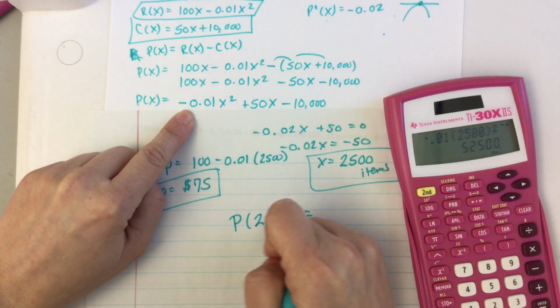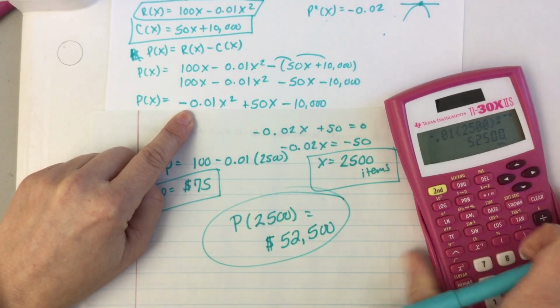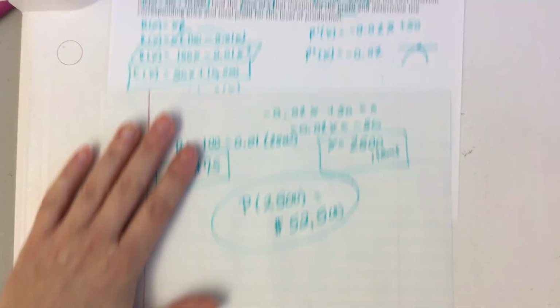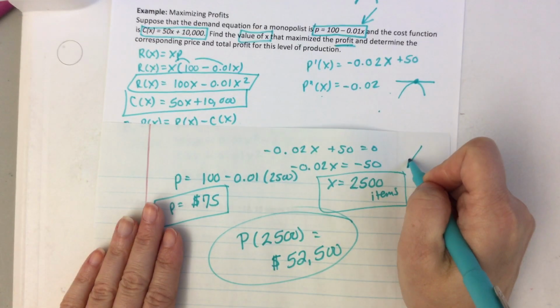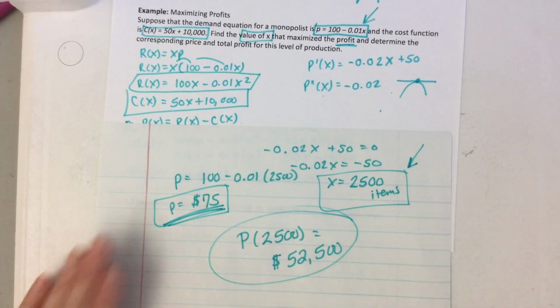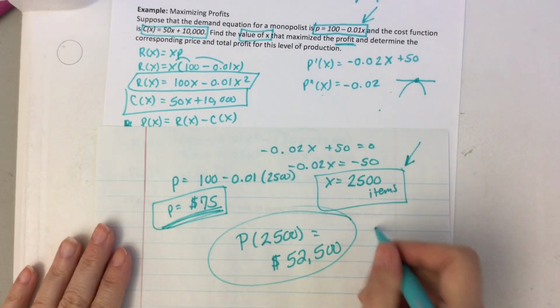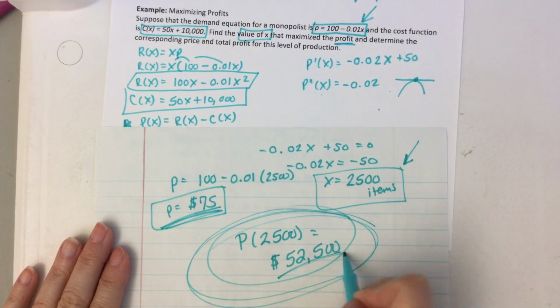Your profit would be, wow, $52,500. So in this scenario, ideally, you want to produce and sell 2,500 units, each one priced at $75. After you pay your bills, you would be able to bring this to the bank.